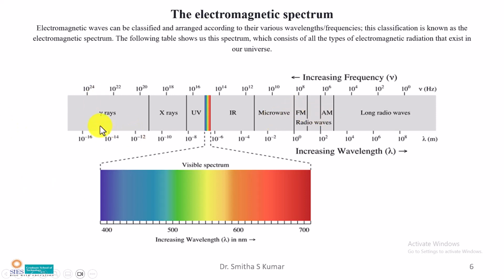To the left of the visible spectrum, we have ultraviolet rays, X-rays and gamma rays. These types of radiations are harmful to living organisms due to their extremely high frequencies, and hence they have very high energies.